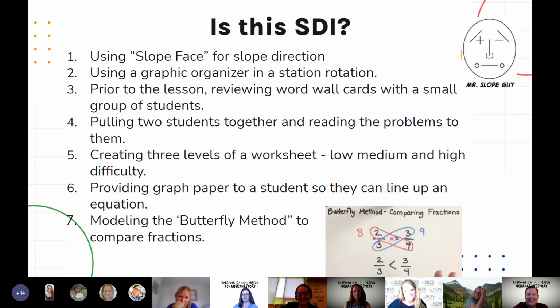So if you used it, and I don't want to say a station because that would just be for everybody, but if you were to use it as a pullout for students, maybe as a precursor, almost like number 3, or if you're going into a little bit more detail with a student, then it might be considered SDI, but not as itself.